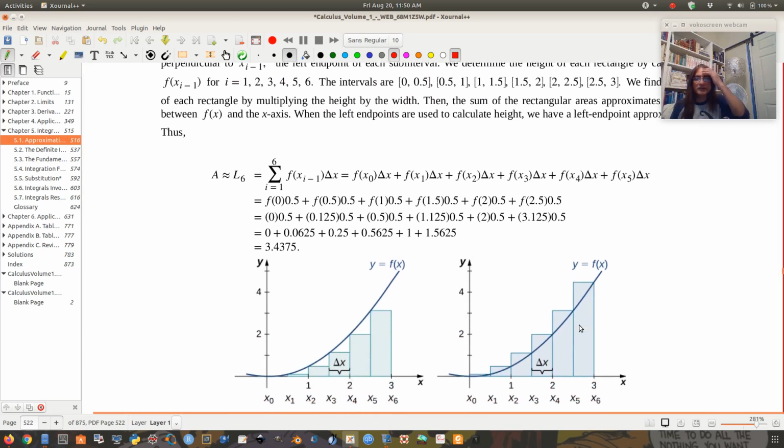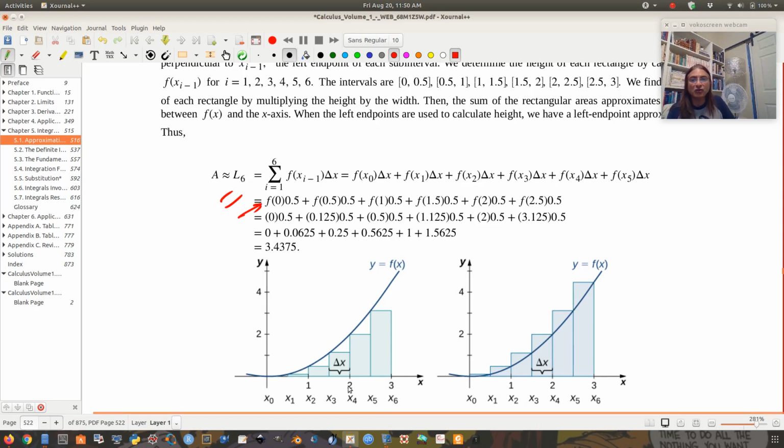So for example, if you divide and you have n points, x0 to x6, and we are taking the left-hand approximation, the area would be f(x0) times 0.5. In this case, we have divided into 6, and the whole interval is 3.